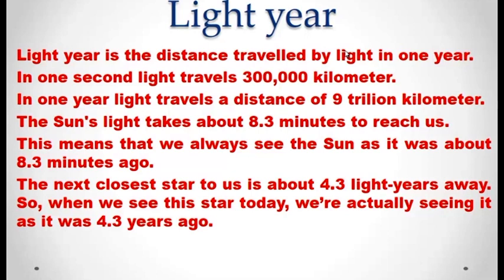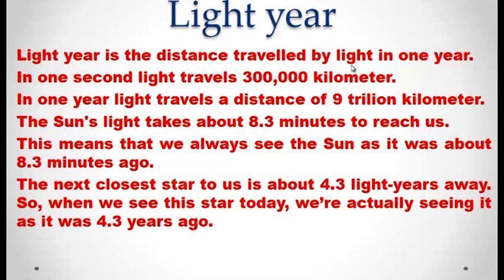Light travels with a velocity of 3 into 10 power 8 meter per second. That is, in 1 second, light will travel 300,000 kilometers. If light travels 300,000 kilometers in 1 second, then in 1 year, light travels a distance of 9 trillion kilometers.